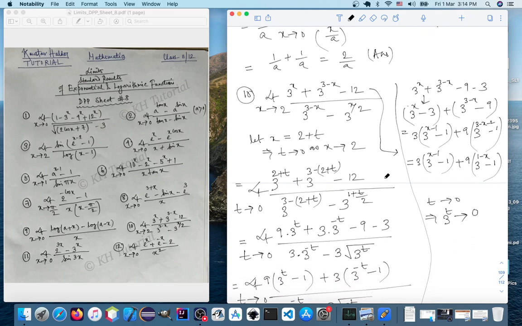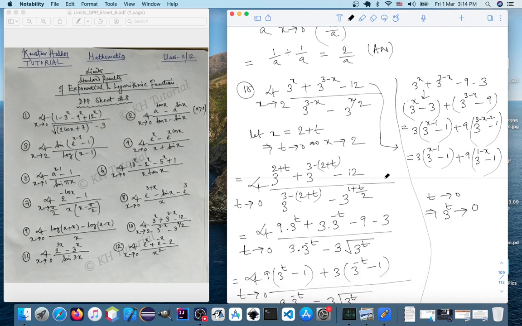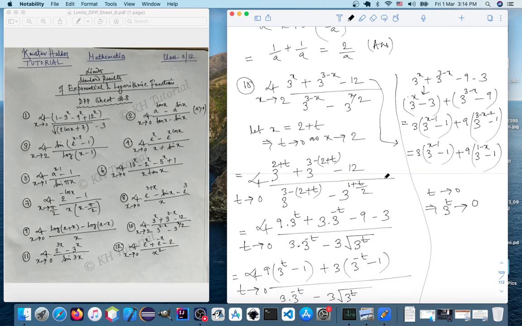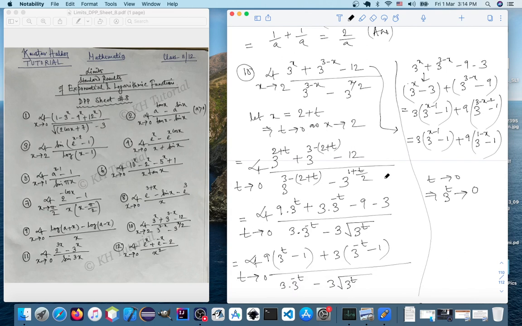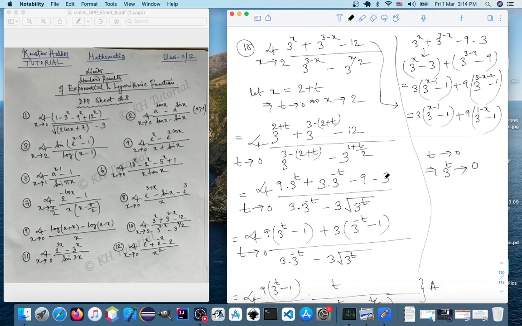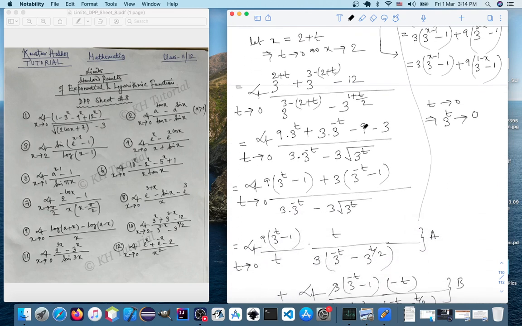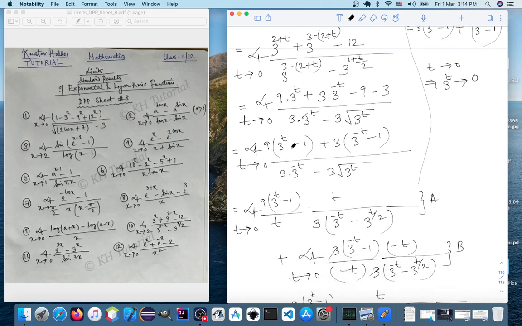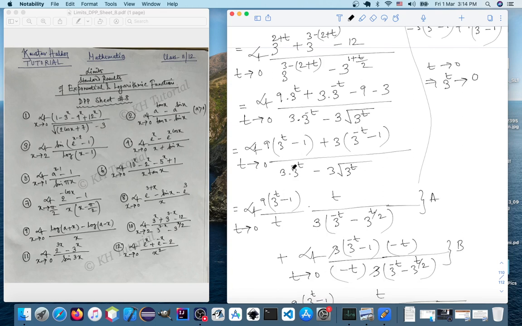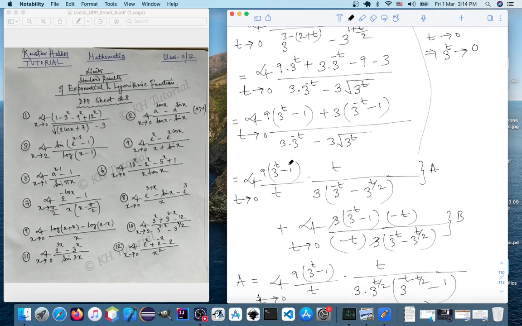So yeah, the main trick was to get this limit. From this point we had to split minus 12 as minus 3 and minus 9, minus 3, and then we got these two after taking common. We got two terms, a to the power x minus 1, and we had to adjust by putting t in the denominator.